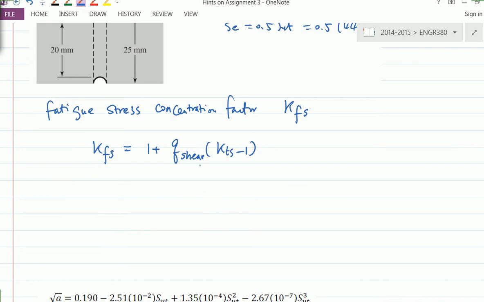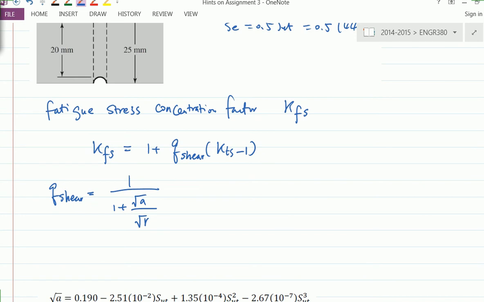For q shear, we can use two different methods: one is to use a table or figure, and the other is to use this formula here. We're going to use this formula to find q shear, because I'll give you an Excel template, so you can use Excel to help you do the calculation. I'll show you that shortly.